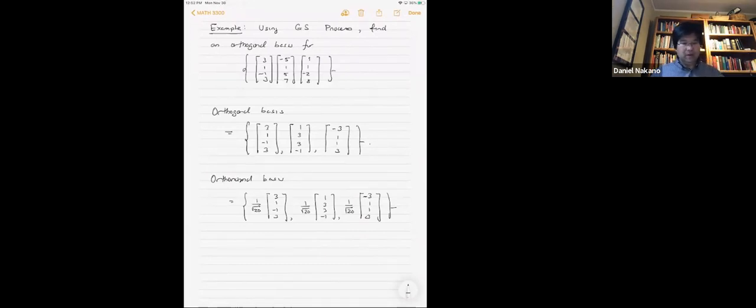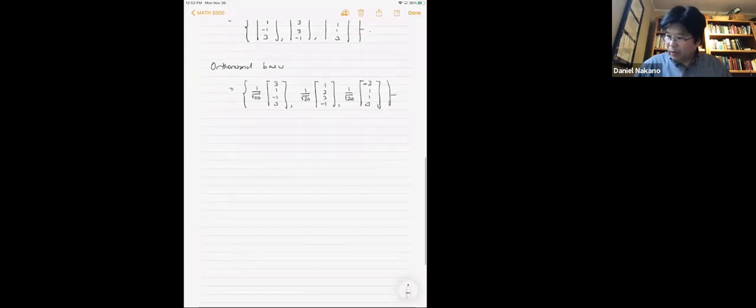Now, it turns out you could do the following. So I want to talk about something called a QR factorization. And we'll come back to this example in a second. Okay, so it says the following.